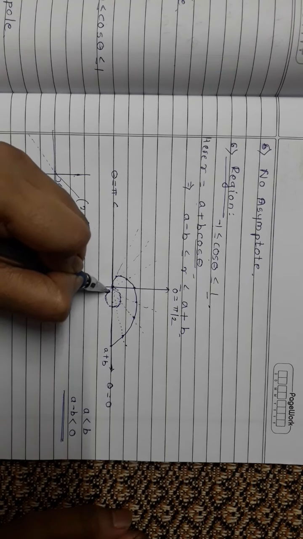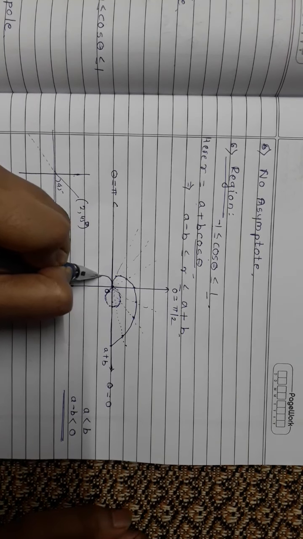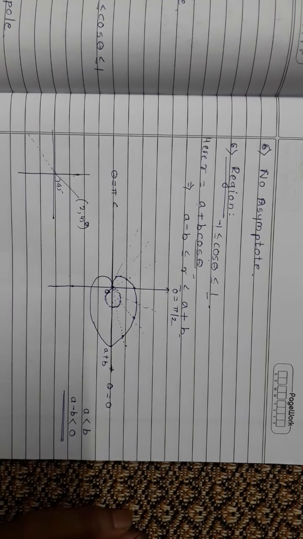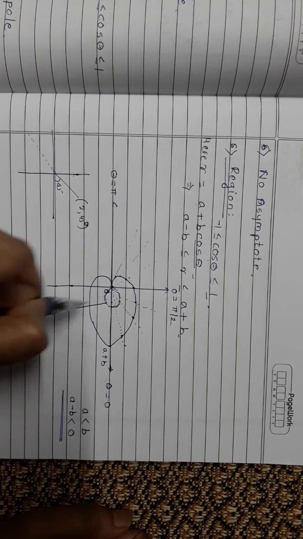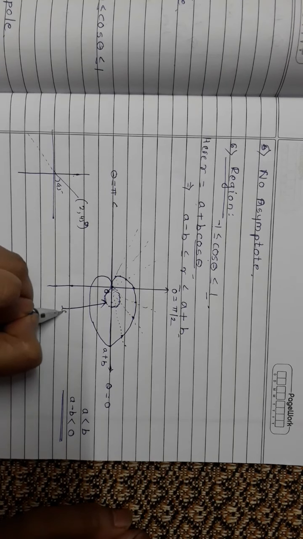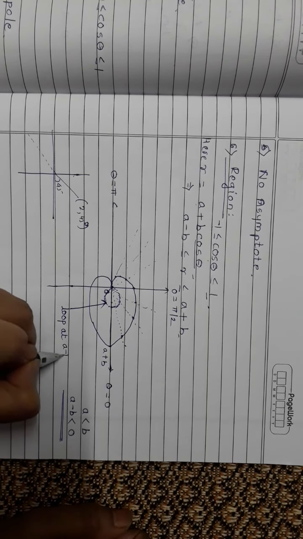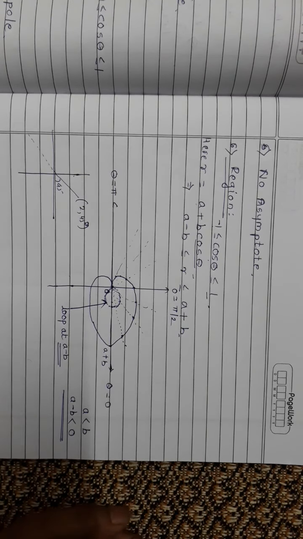So you are getting this loop, and continue like this. Because of symmetry, you need to join this, right? So this is the loop at a minus b. Correct? So this is the next case.